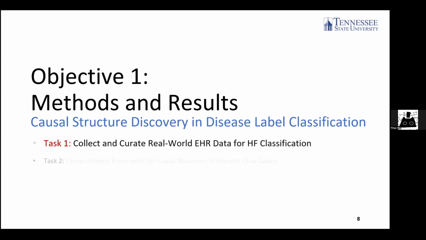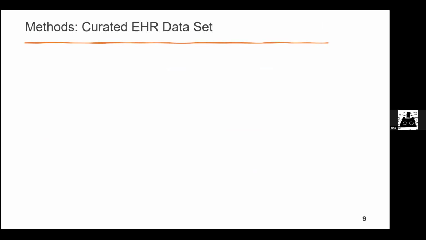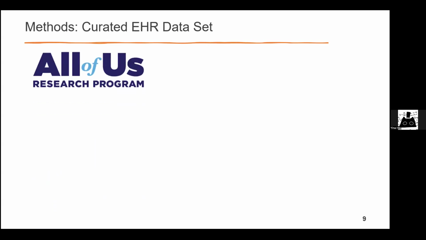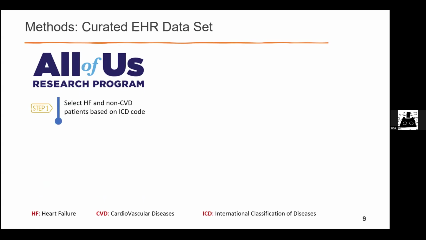Task one is about collecting and curating real-world EHR data for heart failure classification. Let's review how we extracted and curated the real-world EHR dataset from the All of Us Research Program, which has more than 1 million patients' real-world EHR records. First, we selected heart failure and cardiovascular diseases based on the International Classification of Diseases code.